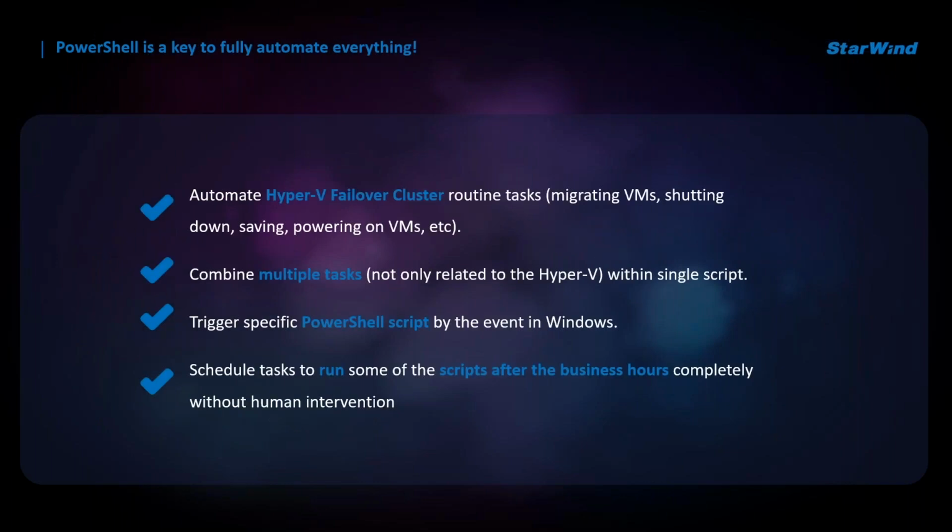PowerShell is the key to fully automate everything. Obviously, not only Hyper-V can be managed; VMware also has the PowerCLI API, which is PowerShell-based, so you can automate a hybrid environment using the same PowerShell for Hyper-V and VMware on the same laptop.